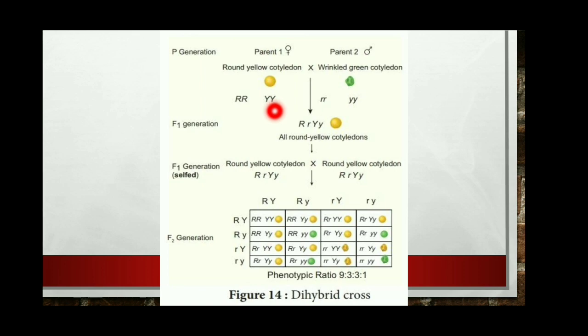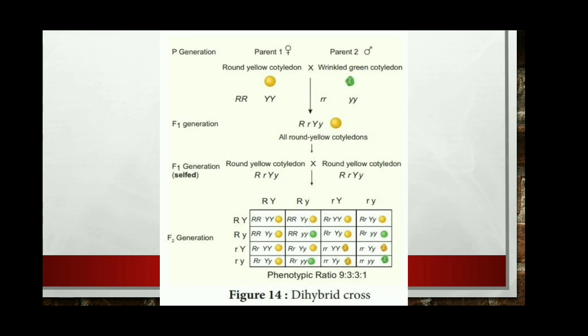A pair of alleles is responsible for a particular trait. So, for round shape, allele capital R is responsible. That's why the round yellow is denoted by capital R, capital R, capital Y, capital Y. Yellow color is dominant, that's why it is denoted by the alleles capital Y, capital Y.